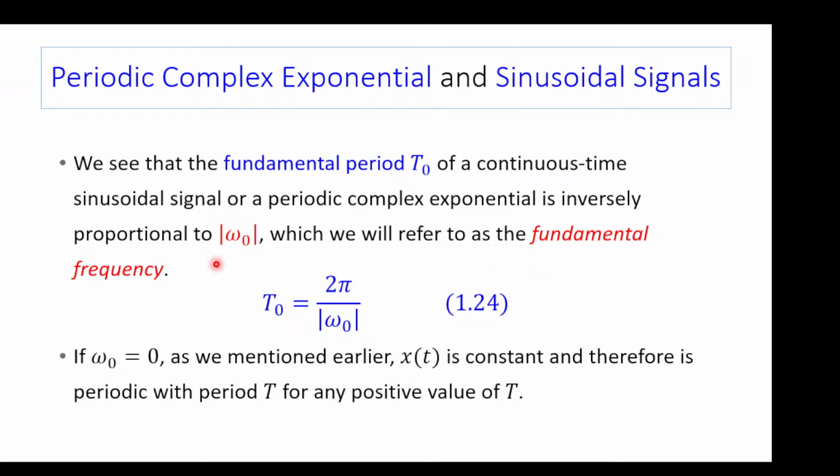We see that this omega naught is very important, so we define its absolute value as the fundamental frequency. This is the equation we had before. Remember, the fundamental period is 2 pi divided by the absolute value of omega naught, and now we call the absolute value of omega naught the fundamental frequency.